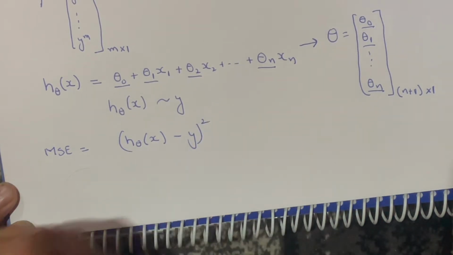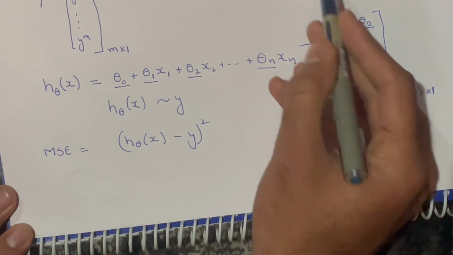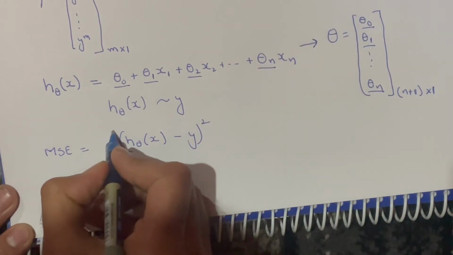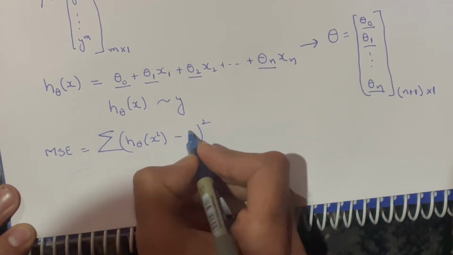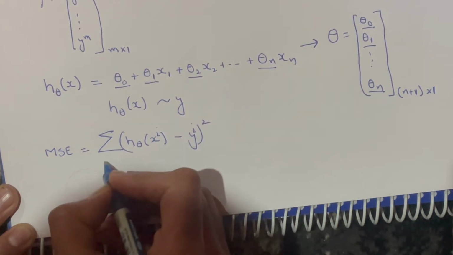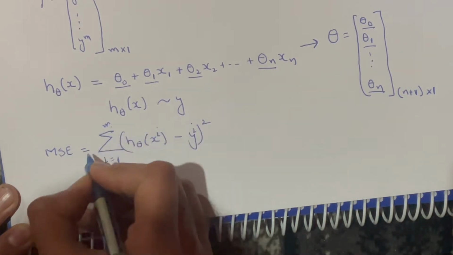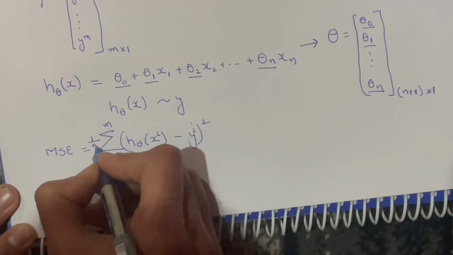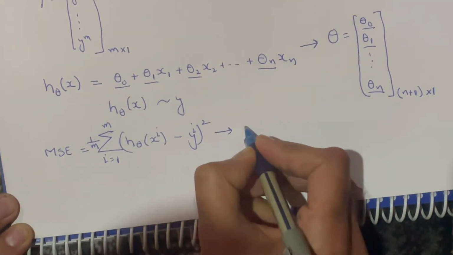This is for one particular example, but for all the m examples in the data set, we will have the sum over xi, yi, with i running from 1 to m, and at the front we write 1 by m because it is the mean. So our aim is to reduce this.